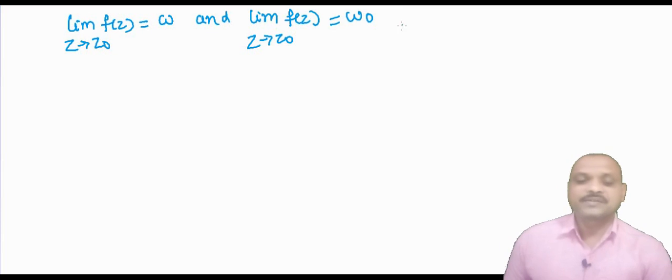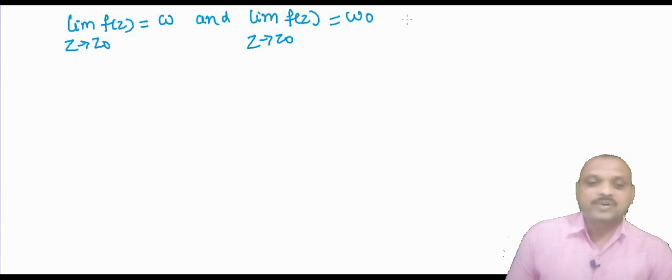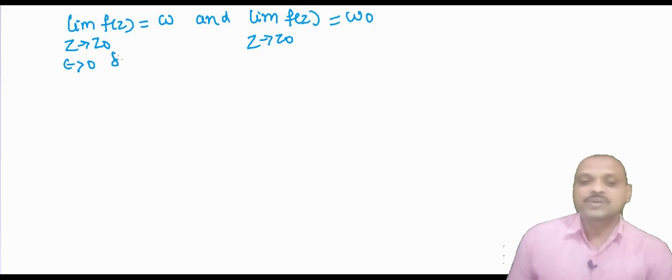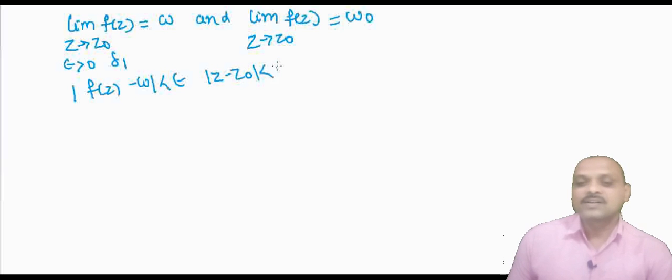Now applying the definition, see here, for epsilon greater than 0 there exists delta 1. I have taken two limits, so we take delta 1 and delta 2. For the same epsilon we have |f(z) - w| less than epsilon whenever |z - z0| is less than delta 1.